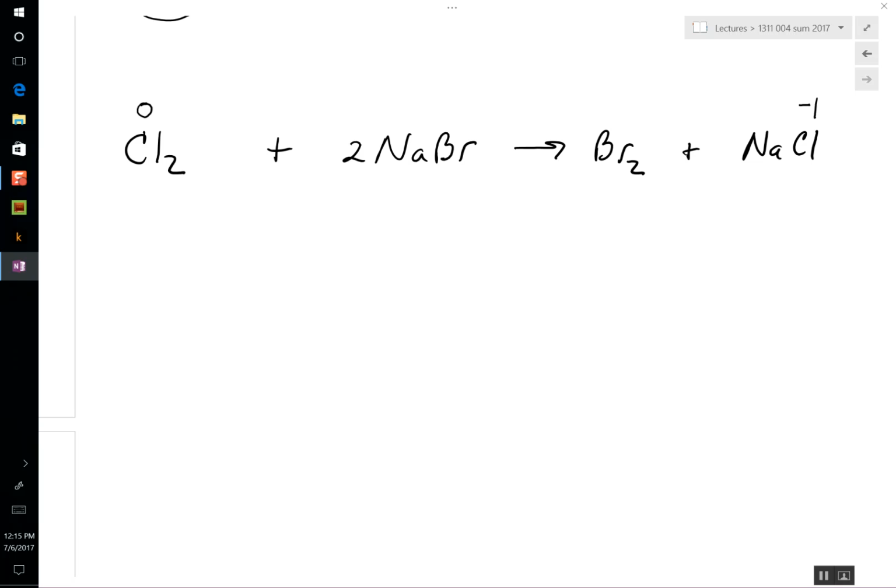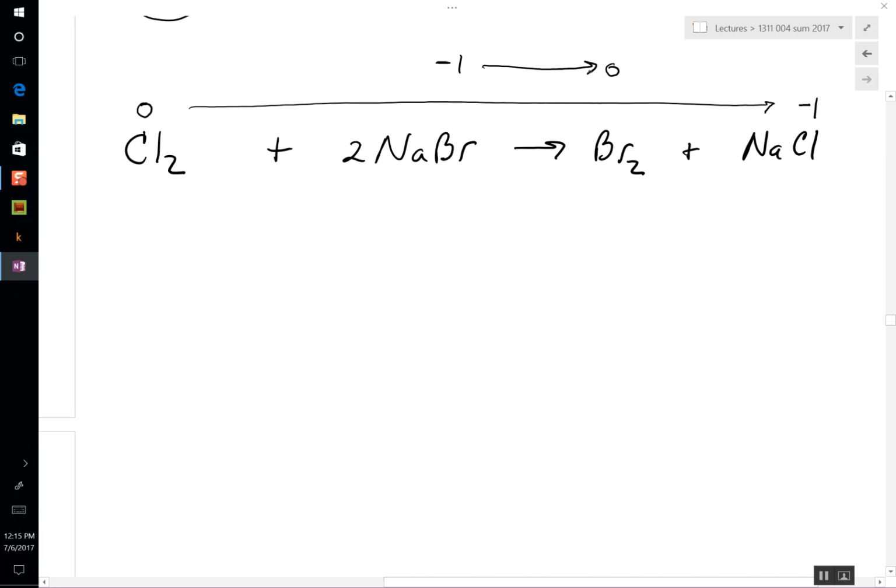And so I write those on one level so I can see that my chlorine is going from a 0 to a -1. And my bromine is going from a -1. How do I know that? Well, the sodium here is a +1, and the bromine is -1, and it's going to 0.